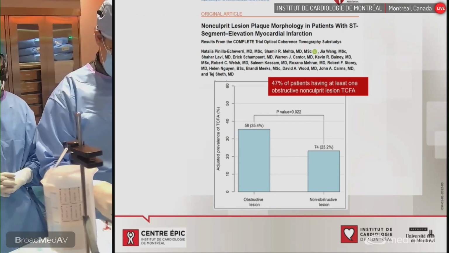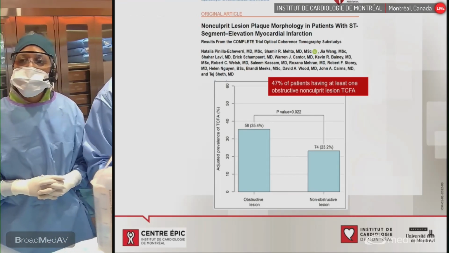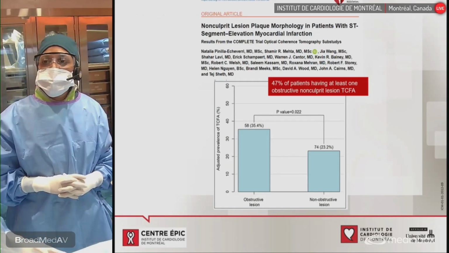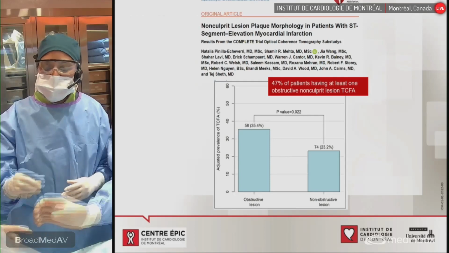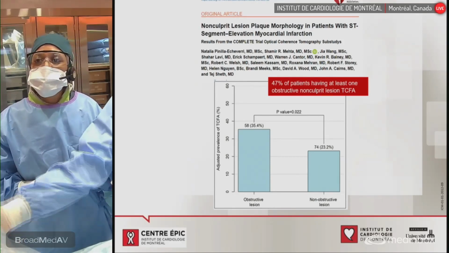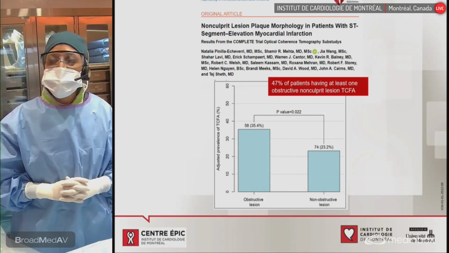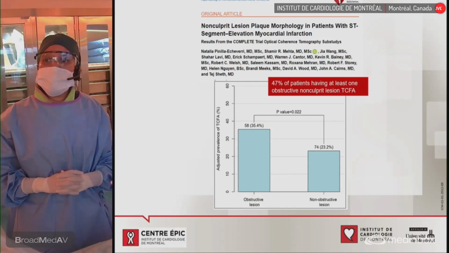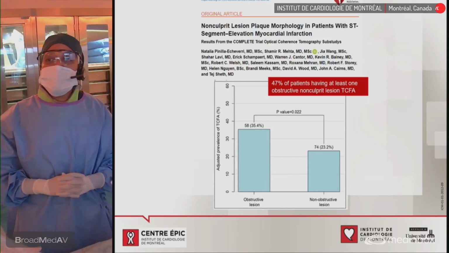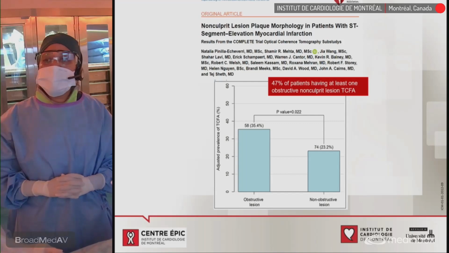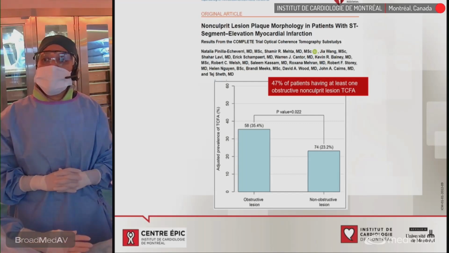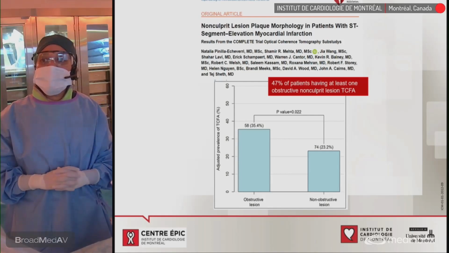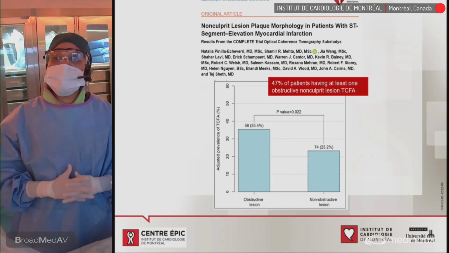Yeah, so this was an interesting sub-study of one of the landmark studies that Dr. Lallier has mentioned, the Complete study. In this, they basically looked at all the patients from Complete undergoing OCT, intravascular imaging. The interesting thing is that they found that 47% of patients, nearly half of those patients who had at least one obstructive non-culprit lesion, were found on OCT to have thin cap fibroatheroma. Now, we know that thin cap fibroatheroma is a sign of a vulnerable plaque.